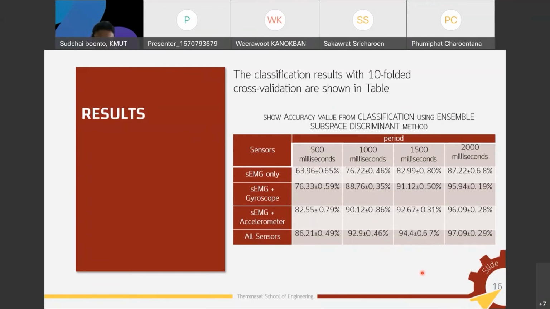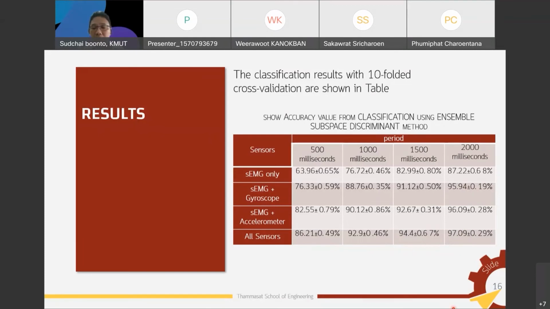The range of the signal interval also affects the recognition of posture. From analyzing, the signal range of 2000 milliseconds with all sensors achieves the best result, with an accuracy of 97.09 plus or minus 0.29%.